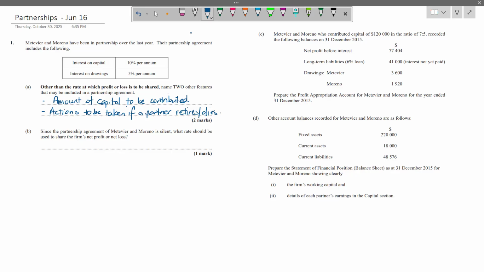They could also look at actions to be taken on the admission of another partner. Other things would include interest on drawings, interest on capital. All of these should be explicitly stated in the partnership agreement.